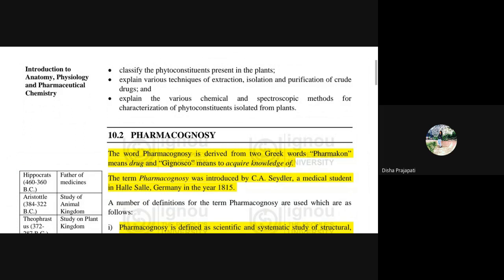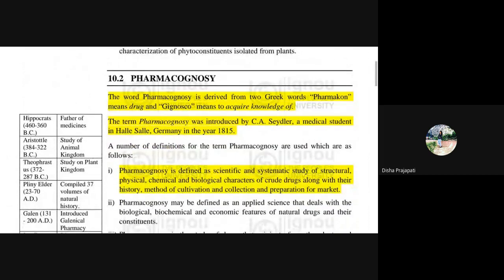The term pharmacognosy was introduced by C.A. Seydler, a medical student in Halle Saale, Germany in the year 1815. So a number of definitions for the term pharmacognosy are used, which are as follows.